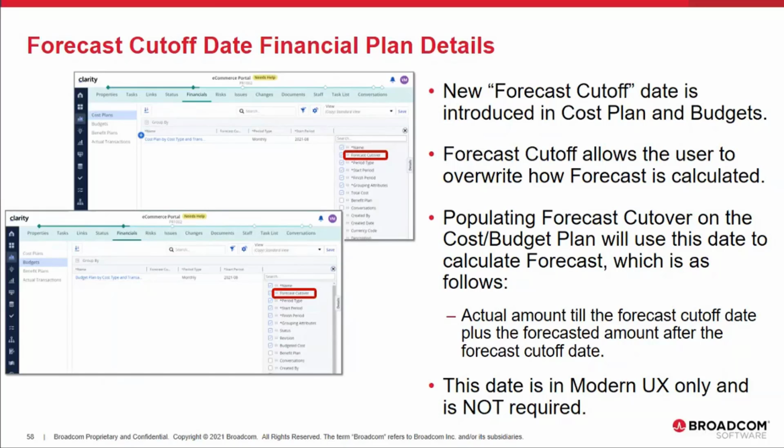So if I populate this value for a last period or something, then the actual amount will be calculated up till this forecast cutoff date, and then the forecast value will be used after this cutoff date. This date is only available in the modern UX, and it is not a required field. This is just an additional value that is available for the customers to view their data.